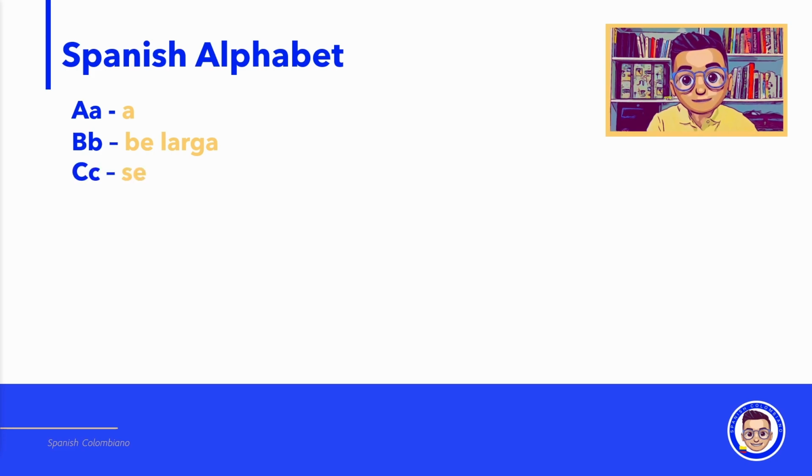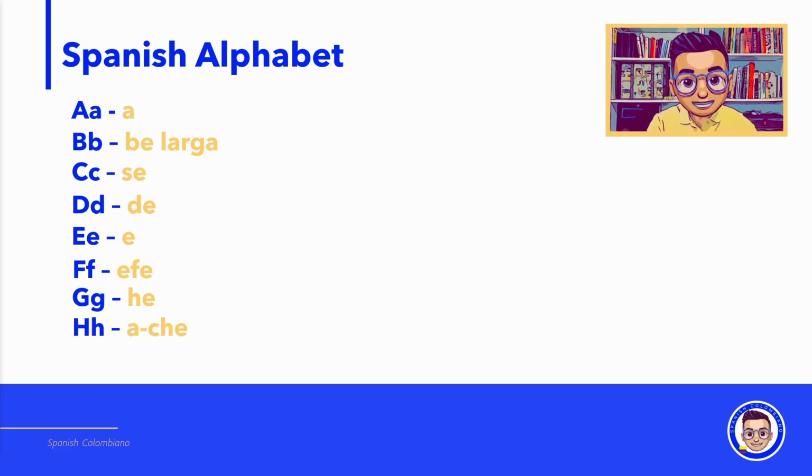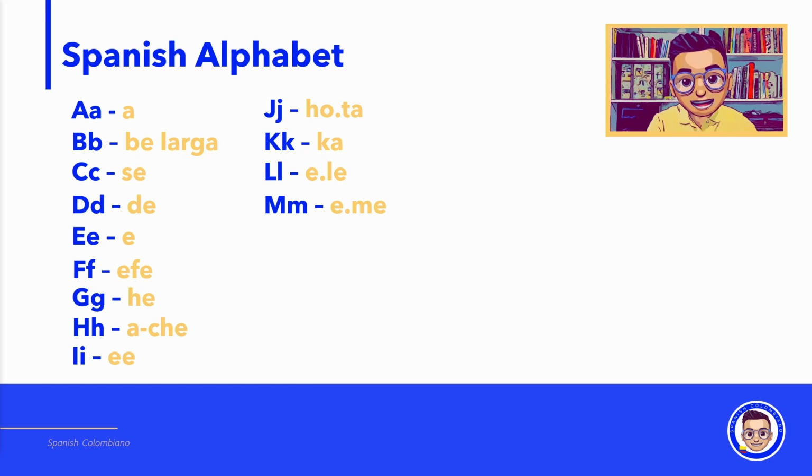Then we have C. Then D. After D, we have E. Then we have F. G. H. I. J. K. L. M. N. Ñ.